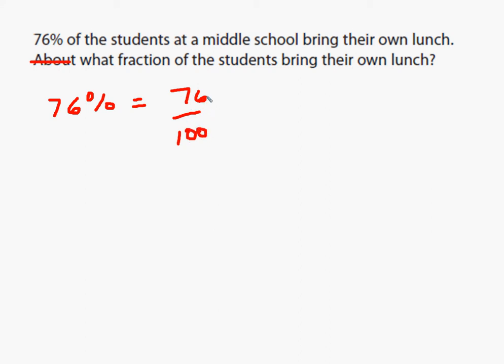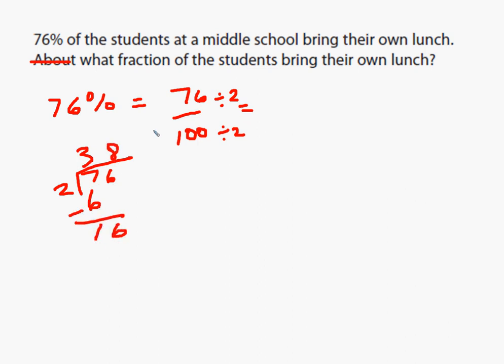So I see that 76 and 100 are both even, so I can divide the top and bottom by 2, and 76 divided by 2 is 38. And 100 divided by 2 is 50.